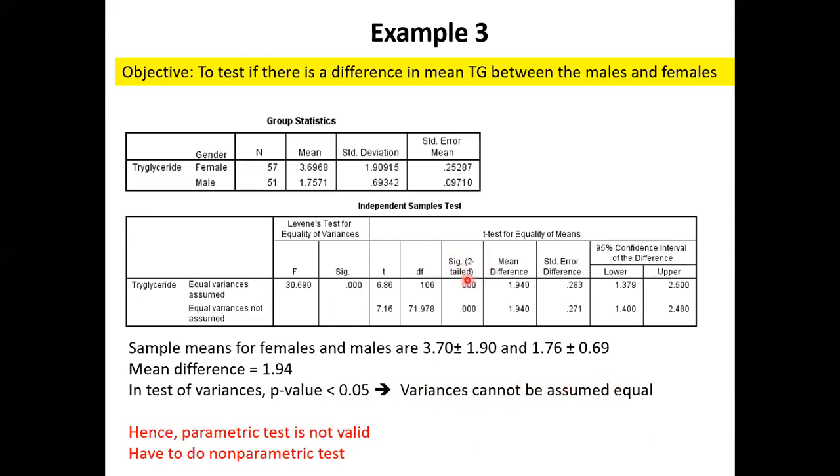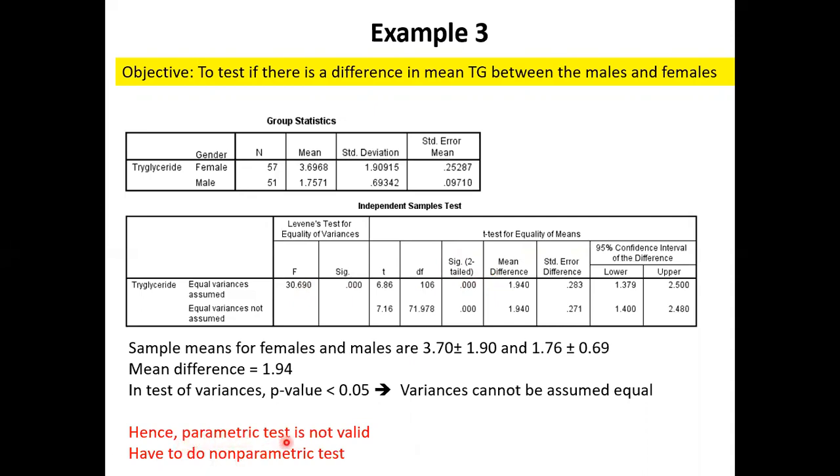So this test is not valid, even though the p-value here is less than 0.05. Since this p-value is less than 0.05, I cannot follow the first row. We can follow the second row, provided some other test must be done. In our class, it cannot be used. Parametric test cannot be used. We're going to jump to non-parametric test.